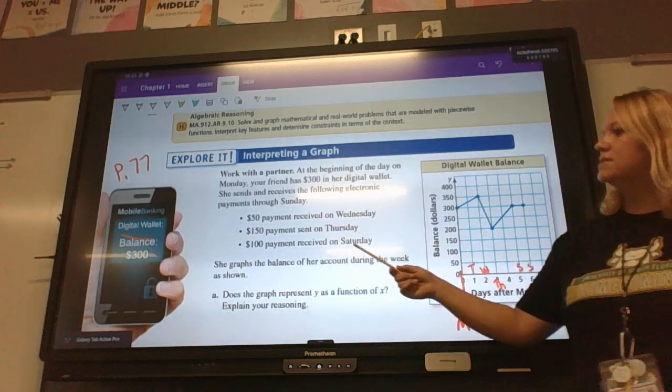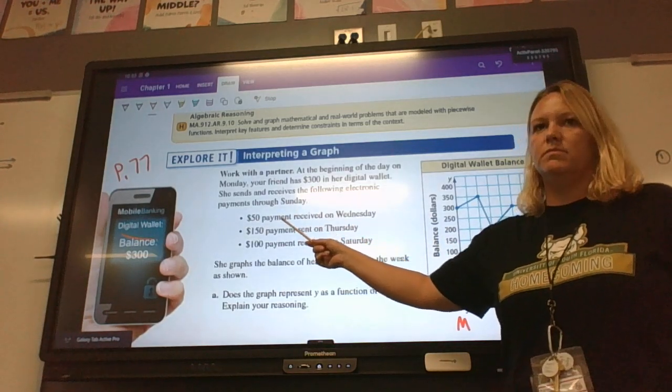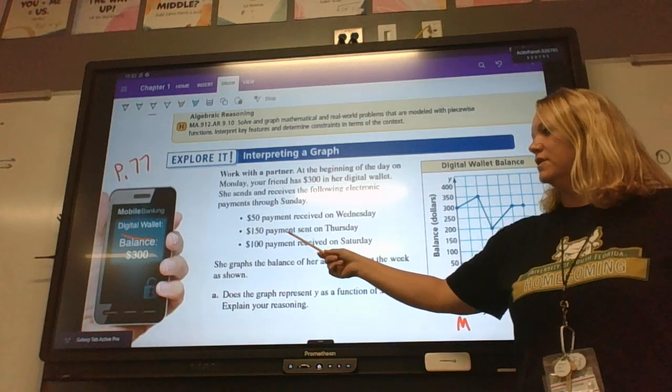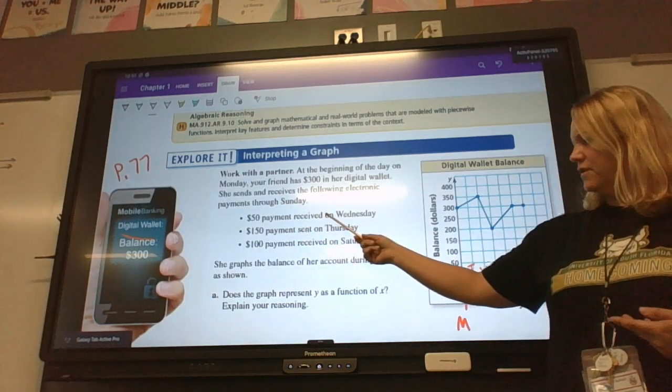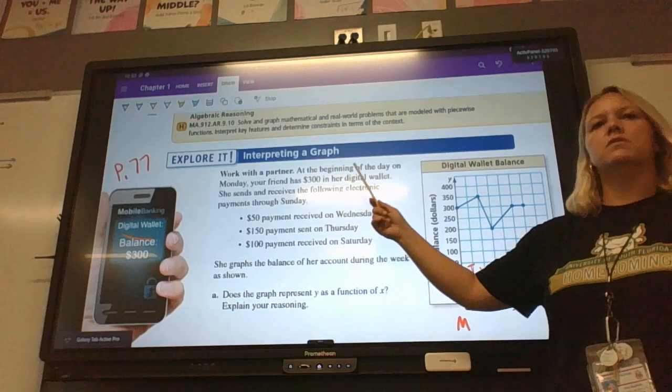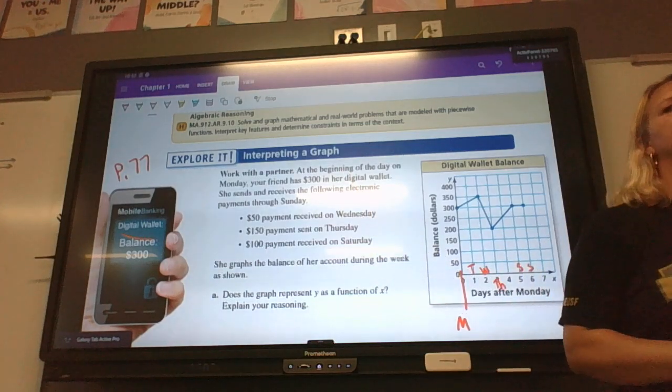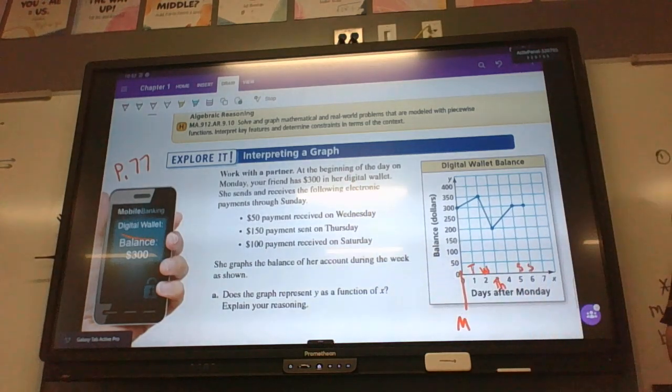Well, she starts with 300. She pays 50, so she goes to 250. Or no, she earns 50, and then the bank account is going up and down. What's wrong with it? What do you have?